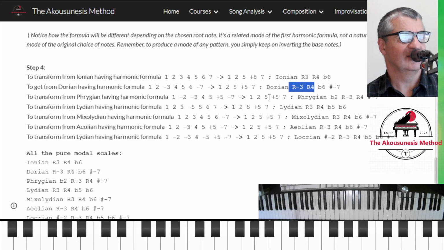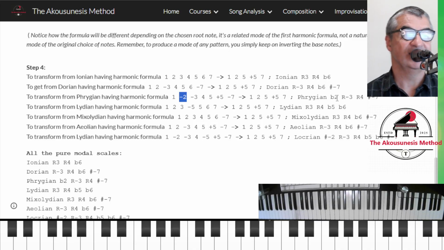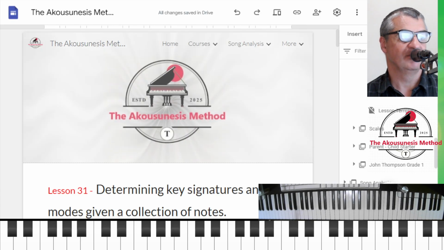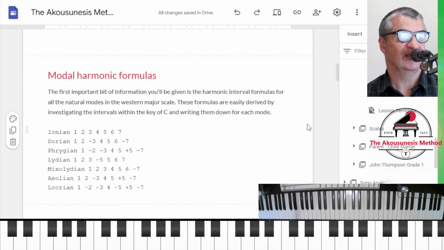So again, 1 to 1, so we're on the Phrygian. Minus 2, we've got to get to a 2. So we need to sharpen again. I've got this wrong here. We need to sharpen the minus 2 to get to a 2. So let's correct that.